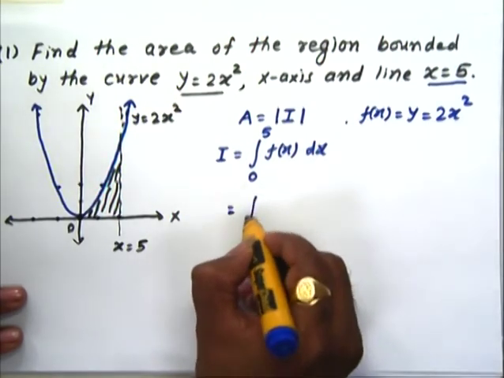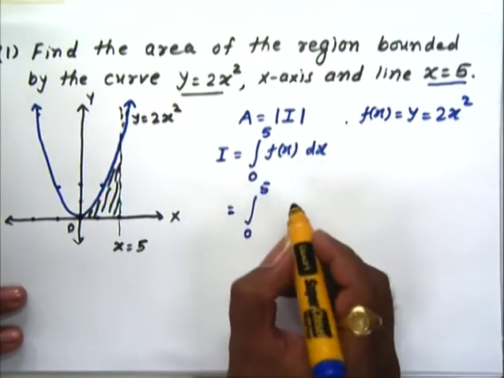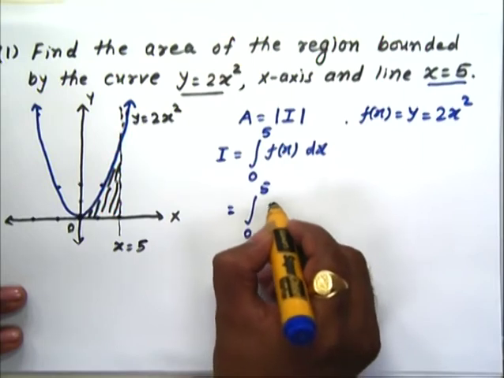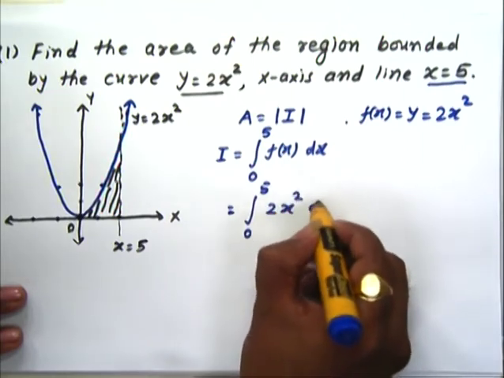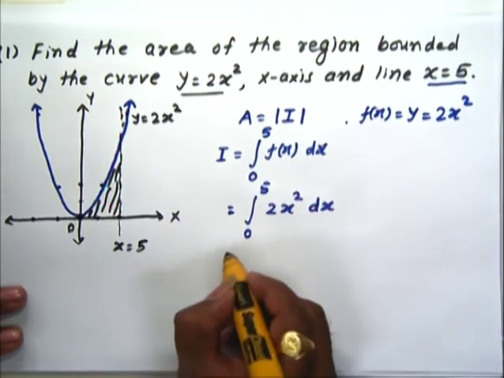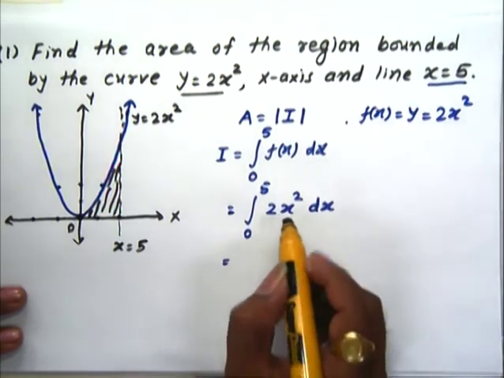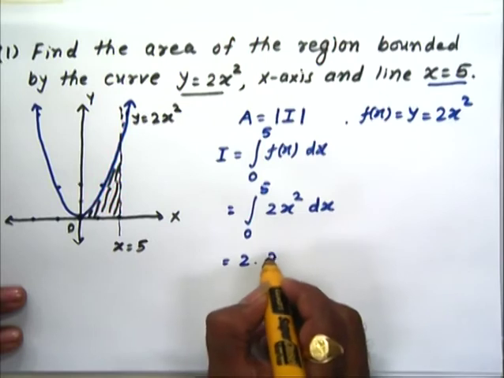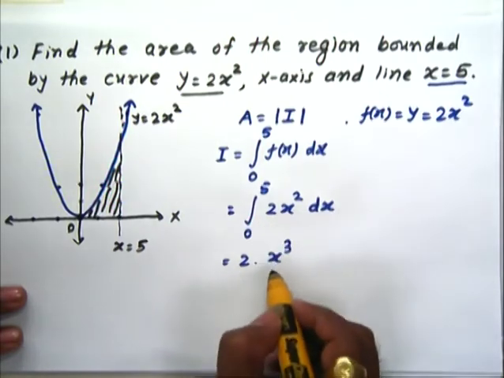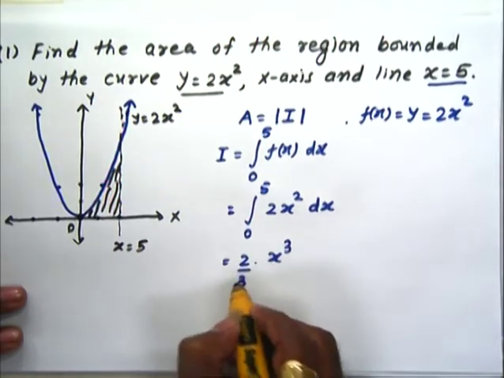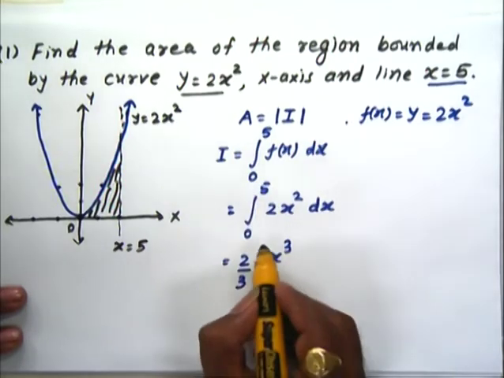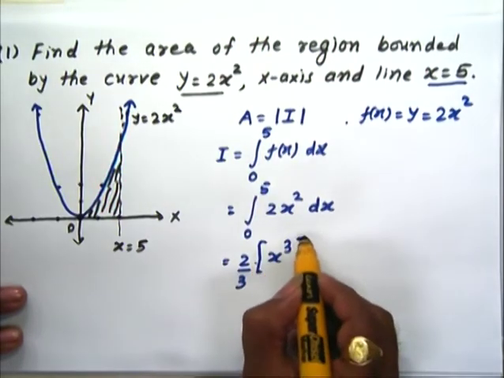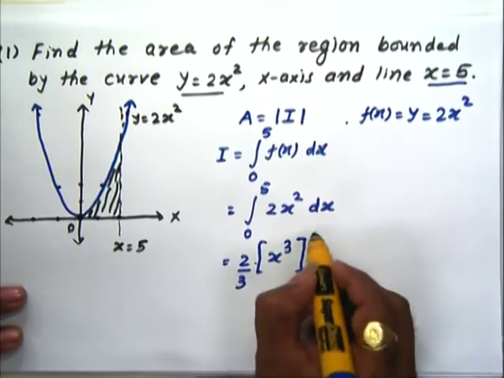So this is equal to integration 0 to 5 of 2x square dx. The integration of this is 2, integration of x square is x cube divided by 3. So we will write 3 here. But this is definite integration, so we have to put the bounds here, 0 to 5.